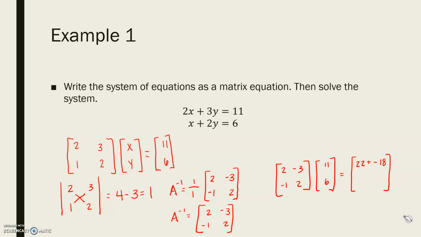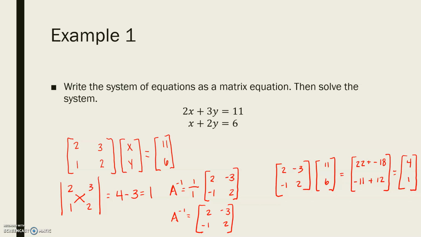And then -1 times 11, which is -11, plus 2 times 6, which is 12. And this would just give me 4 and then 1. But what does this answer mean?